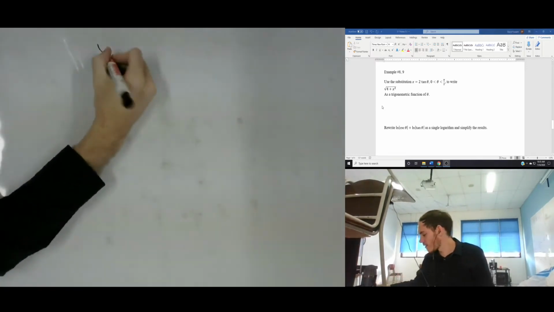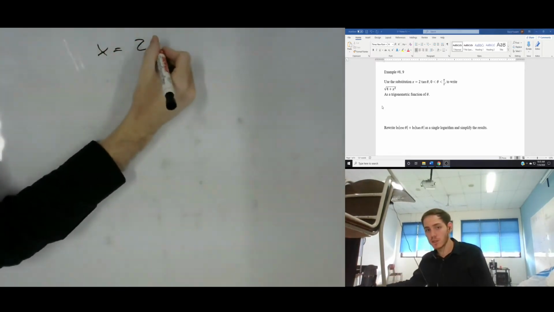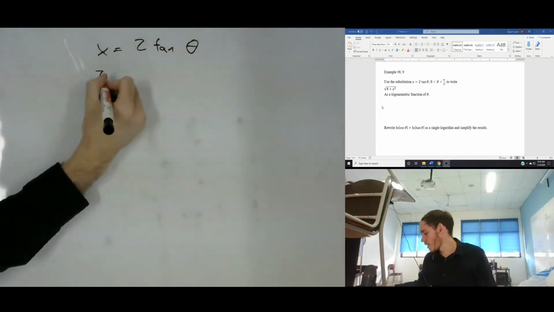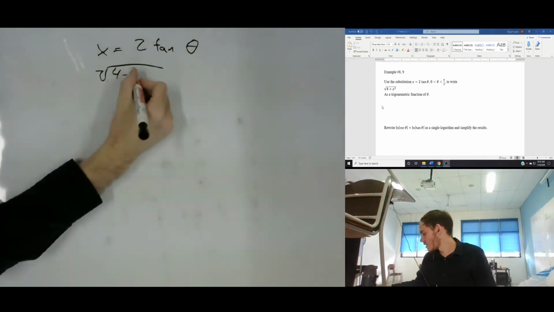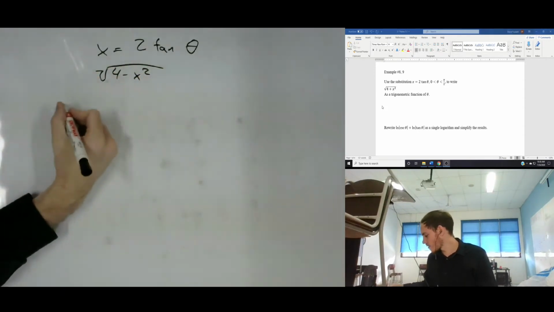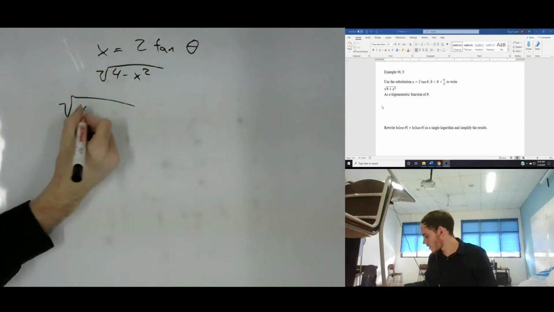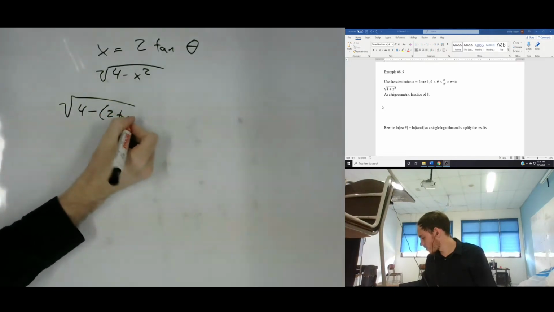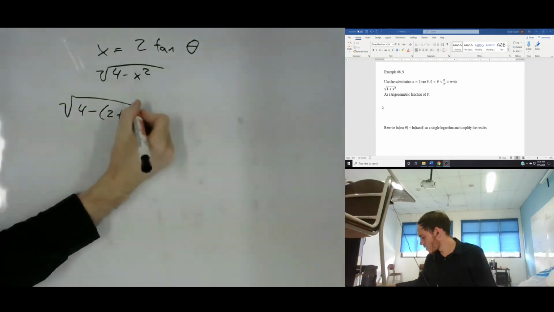Okay, let's do a few more. So 8 and 9. So 8, we're substituting in. They give us x equals 2 tangent of theta, and we have to turn this into a trig function. So again, we're going to just substitute 2 tan of theta squared.